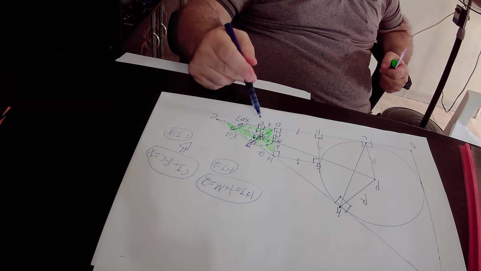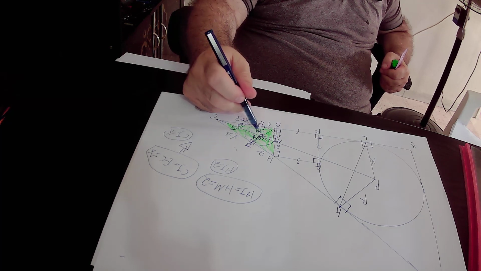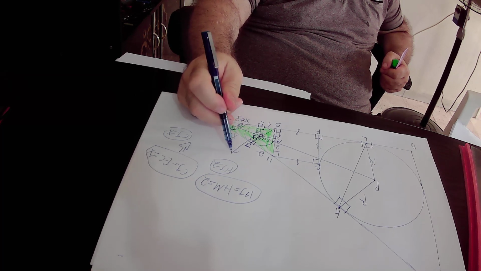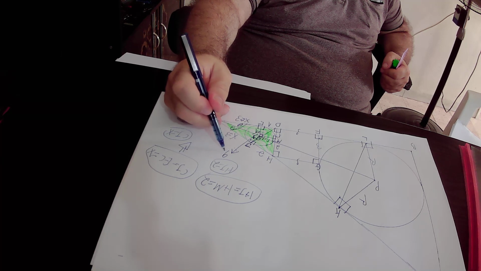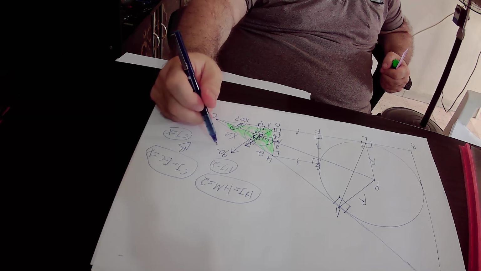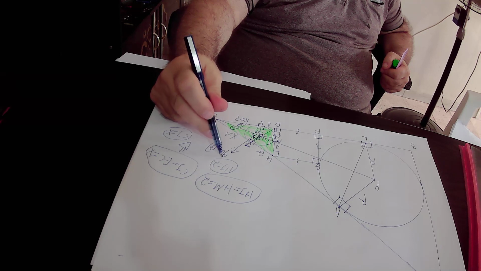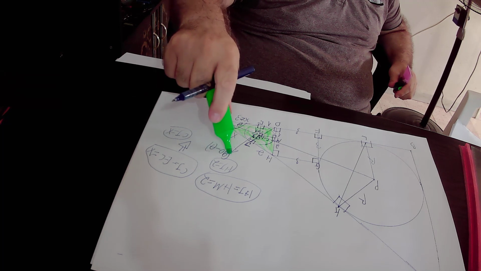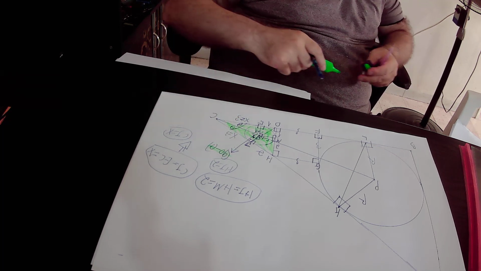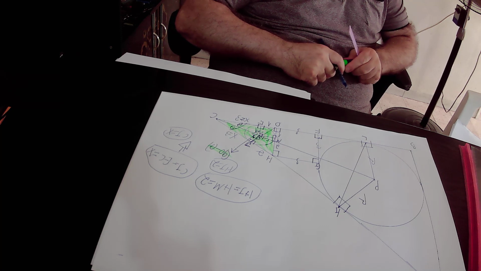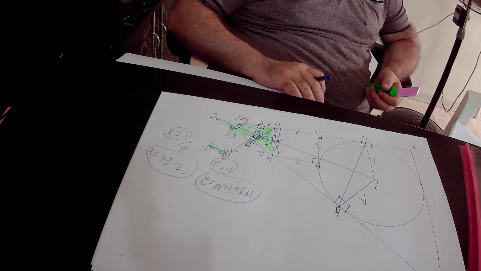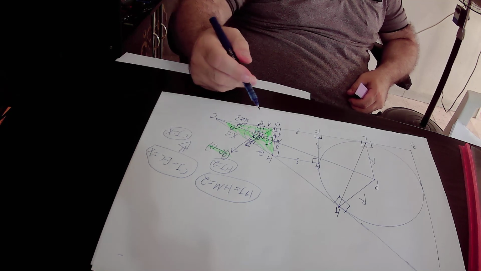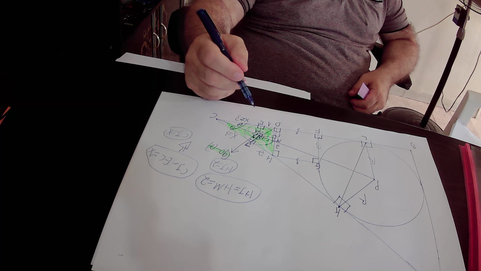This angle equals to 90 degrees. Therefore, the missing angle must be equal to 90 degrees minus theta. Okay? Why? Because 90 degrees minus theta plus theta equals to 90 degrees, and 90 degrees plus 90 degrees is 180 degrees. That is the sum of the angles in any triangle.